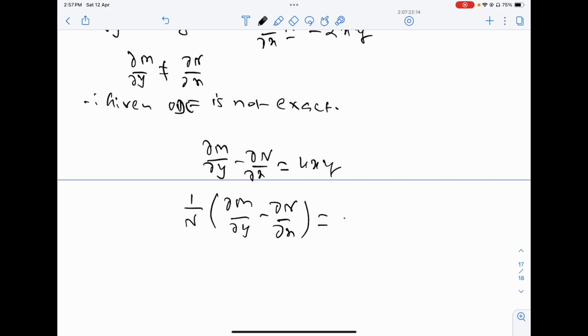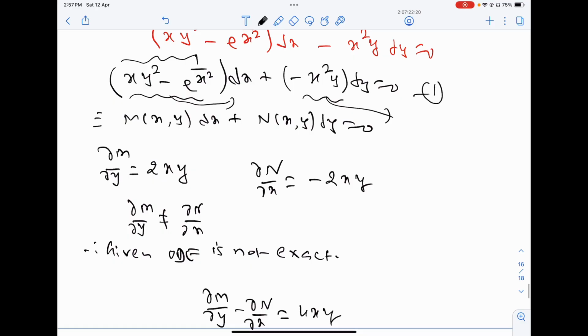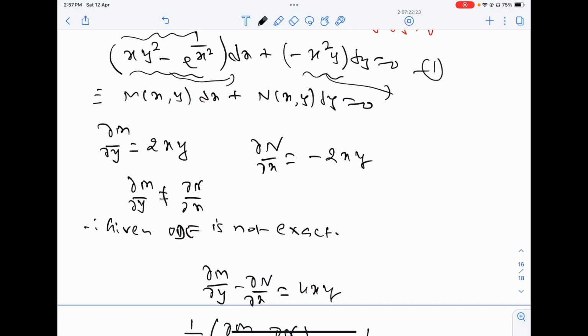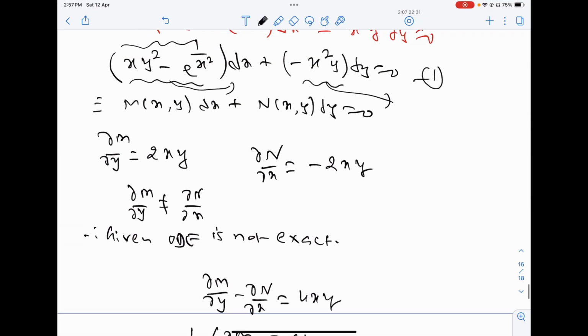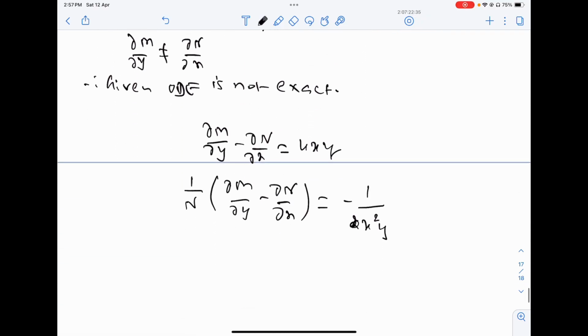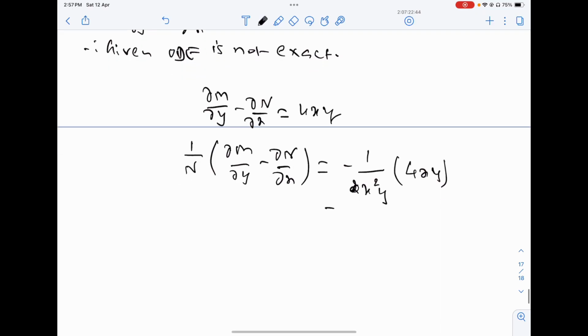So 1 upon N is minus 1 upon x square y, and this is 4xy, and so you have minus 4 by x, and that is a function of x only.